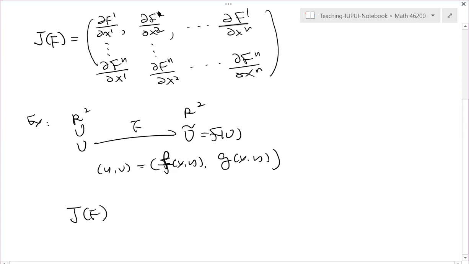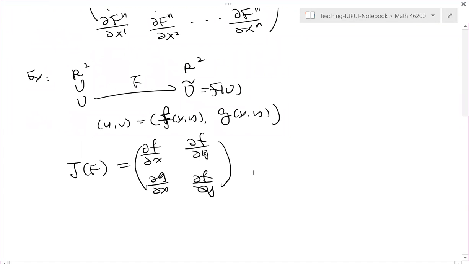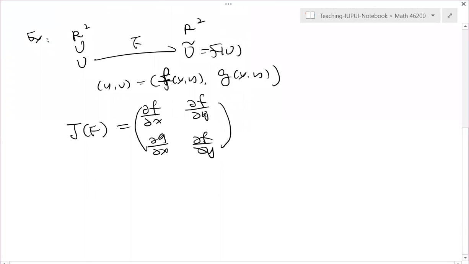Then the Jacobian of this one will be f_x, g_x, and f_y, g_y, the partial derivatives. So this is a matrix, a 2 by 2 matrix. Then you could have a 3D case with (u, v, w). I probably have to use x2, y2, because I use u-tilde for the image. So this is how we define the Jacobian, and it's a 2 by 2 matrix.